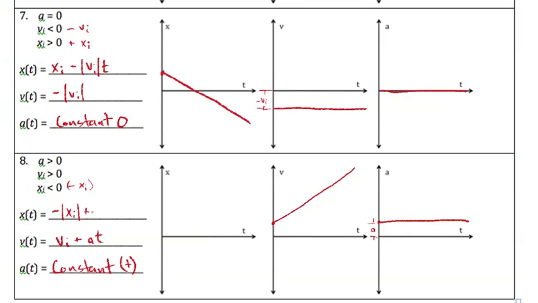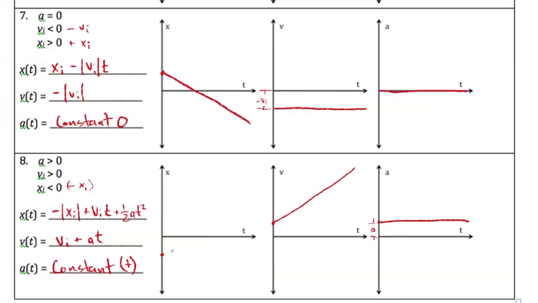Plus initial velocity times time, because that's positive, plus 1/2 at squared, because the a is positive as well. So this means we're going to have a positive initial velocity, and we're going to have a positive acceleration. We're simply going to start at a negative point, or a negative displacement point right here.